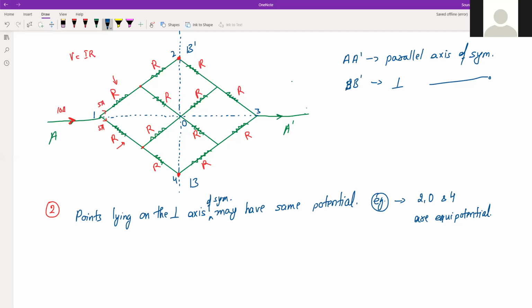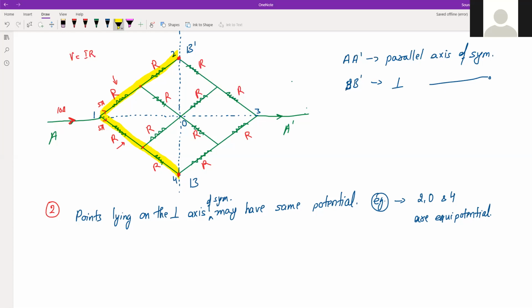So from 1 to 2 or from 1 to 4, if you consider this path, 1 to 2 and then 1 to 4, both the paths are symmetrical, identical. So that's why the energy lost, or the potential lost, in covering these two paths must have been the same.